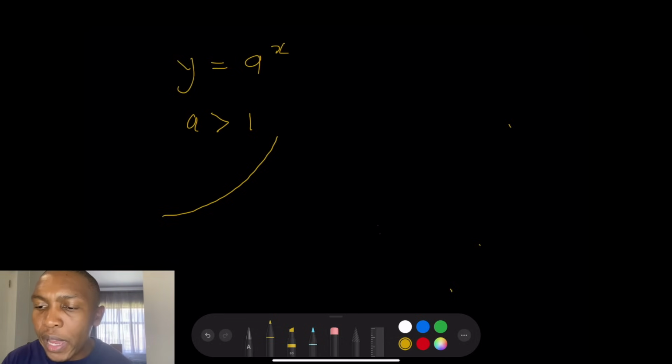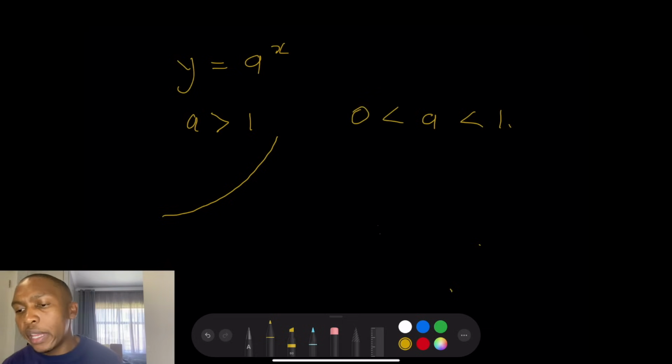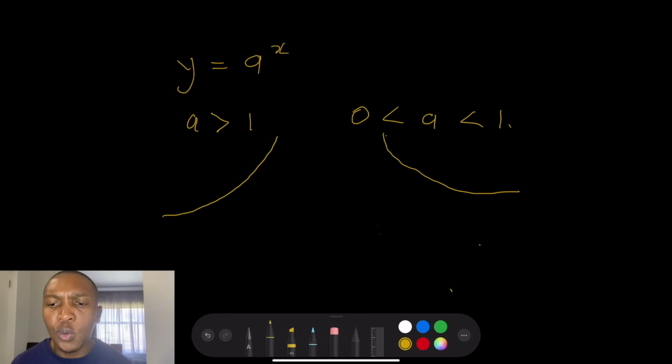But if the value of a is less than 1, and of course it should be greater than 0 in this case, then our graph would actually be decreasing, and this would be the shape that goes along that direction.